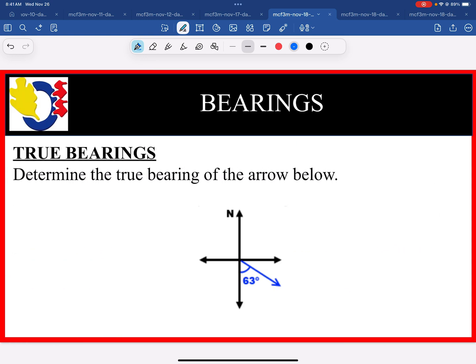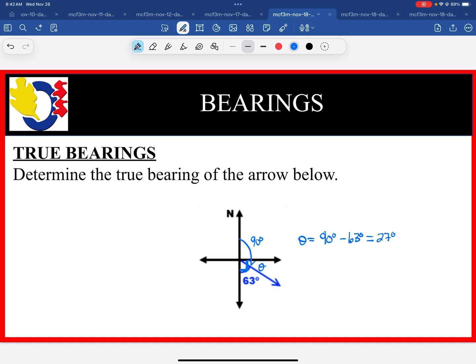All right, let's try the next one. Determine the true bearing here. From north to this vector, again this little segment is 90, and then we have to figure out, so this quadrant is also 90, so 90 degrees minus 63 degrees will give us that little segment in here. We'll call that theta. So 90 degrees minus 63 degrees is equal to 27 degrees.